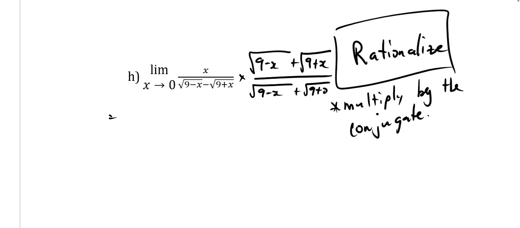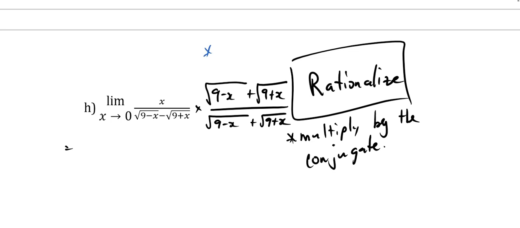People do mess this one up and do all kinds of different things, but the whole point is that that sign there is supposed to be different from those two signs, but those two have to be the same, right? Plus over plus. So you're multiplying by 1. Something over itself is 1. So we're not changing the function. We're just going to change what it looks like algebraically.